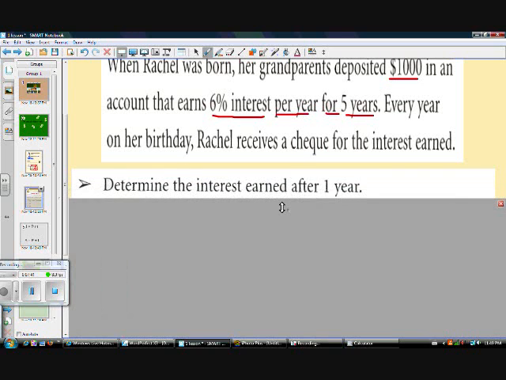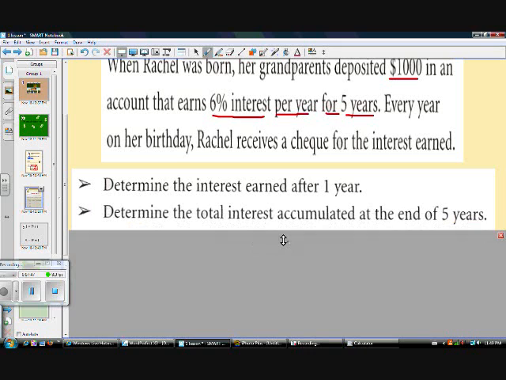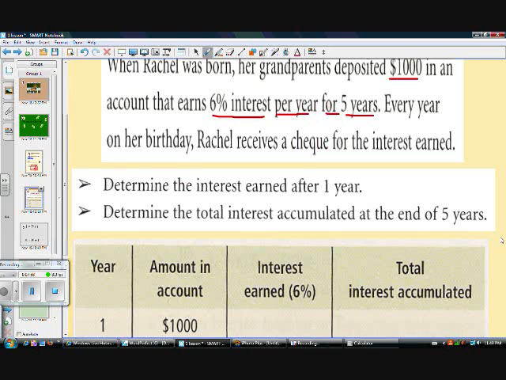We want to determine how much interest she earns after 1 year. We also then want to determine the total interest that she's accumulated, or received, at the end of 5 years. And to do that, we are going to look at a table so we can talk about this.